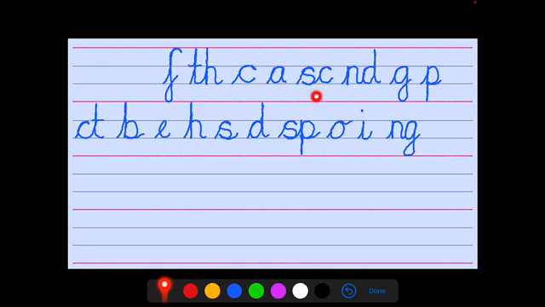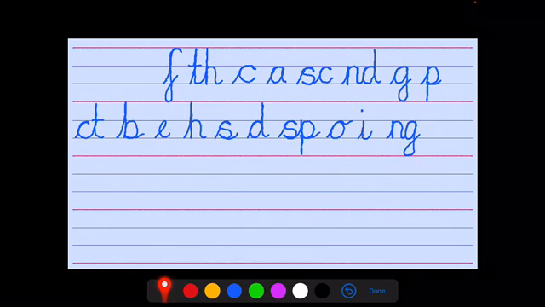A, sk, nd, g, p, kt, b, e, s, d, sp, o, I, and ng.